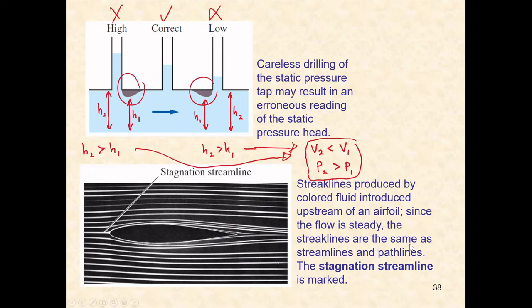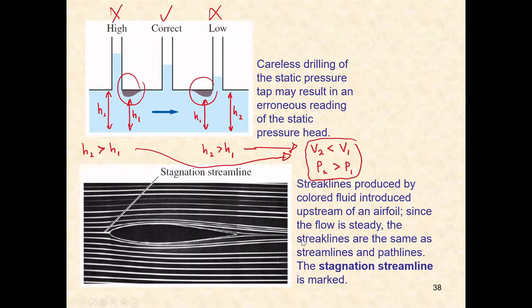A pathline just refers to one stone, and a streakline refers to the past history of the paths taken by the stones. Another way to look at a streakline is if you inject ink into a river. If the river flows in a steady state, then the pathline and the streakline will be the same.